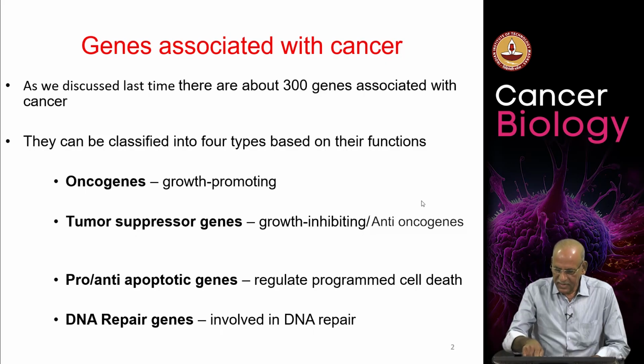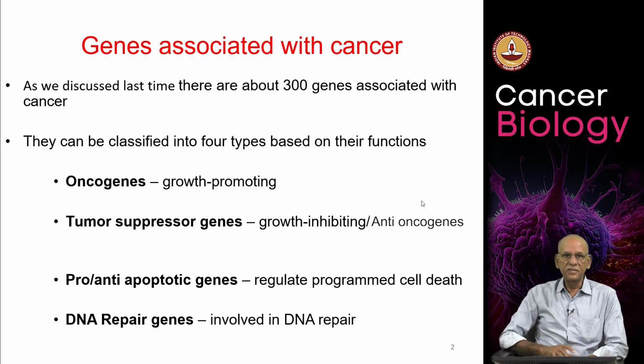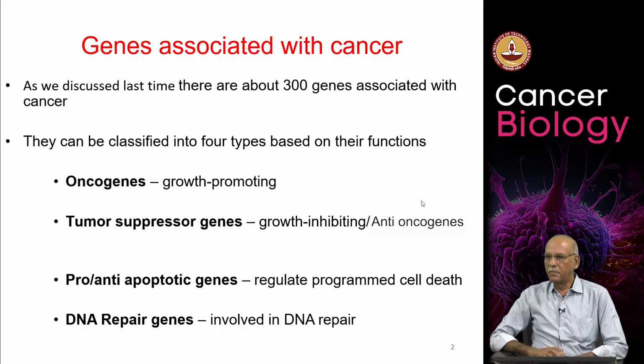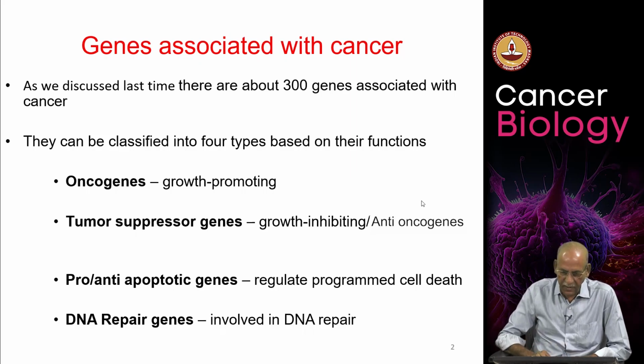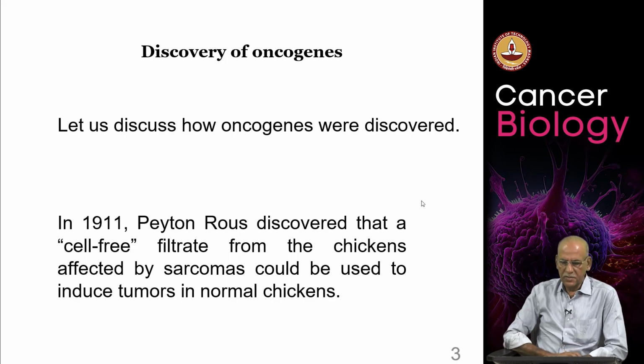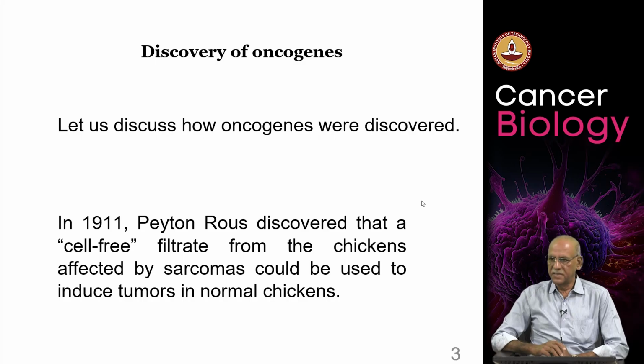I will correct some of the typographical errors later on. And there are what are known as pro and anti apoptotic genes. So, apoptosis regulators, and then last but not the least, the DNA repair genes. They are basically involved in DNA repair. So, we will look at them carefully, and we will also discuss how oncogenes were discovered.